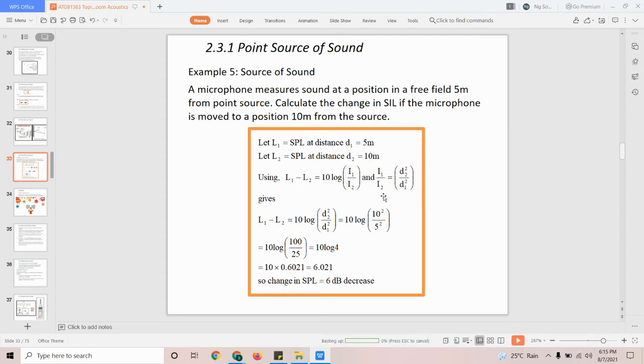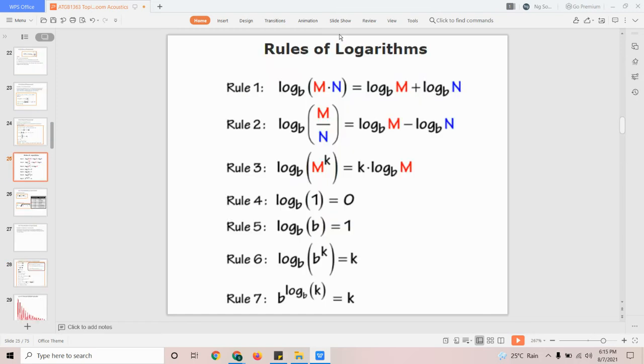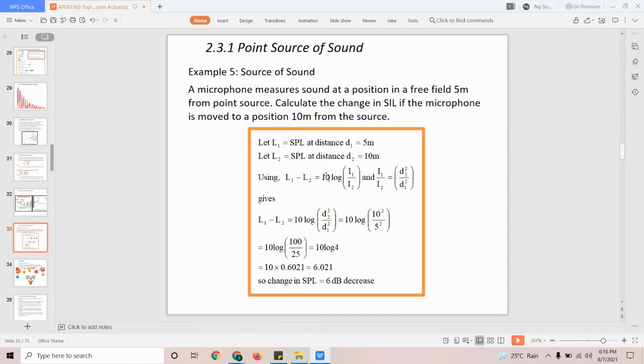Simplifying them, you'll be able to get 10 log d2 squared over d1 squared. d2 is the distance for the further position, and d1 is the distance of the original position. This is using the logarithm rule, so hopefully you still remember the rules of logarithm, and you'll be able to simplify the equation to something like this.